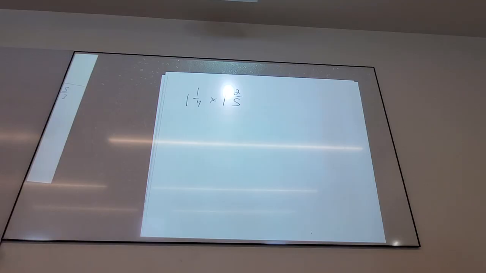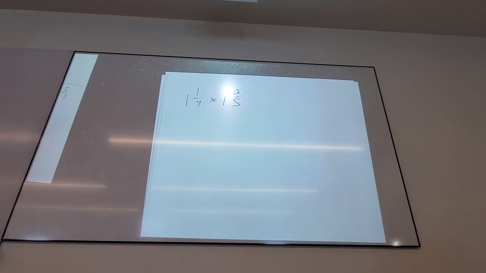Not how do you convert it to improper. What is the literal operation between the 1 and the 1/4? What are they doing to each other? It can't be times, because what's 1 times 1/4? 1/4, and is 1/4 the same as 1 and 1/4? So it can't be times. When I say and, what is that hiding?